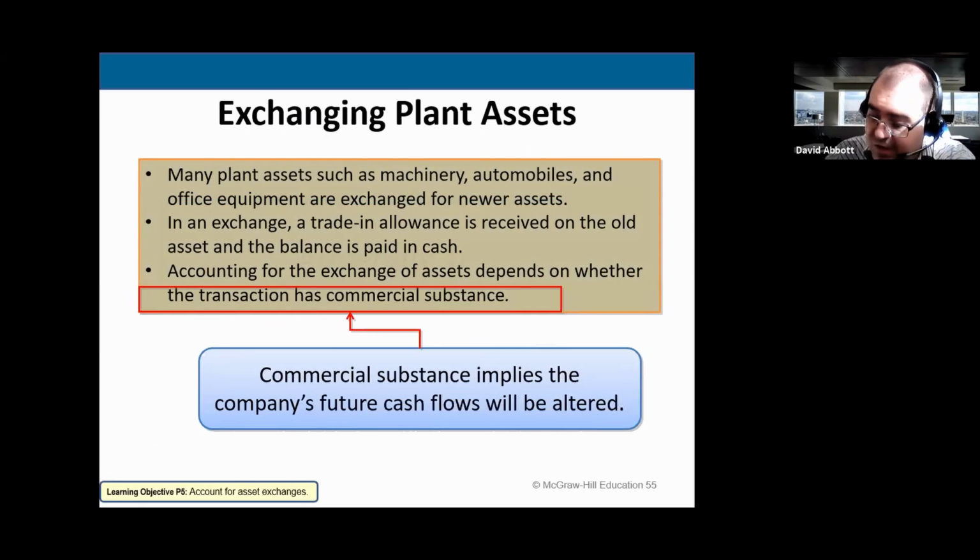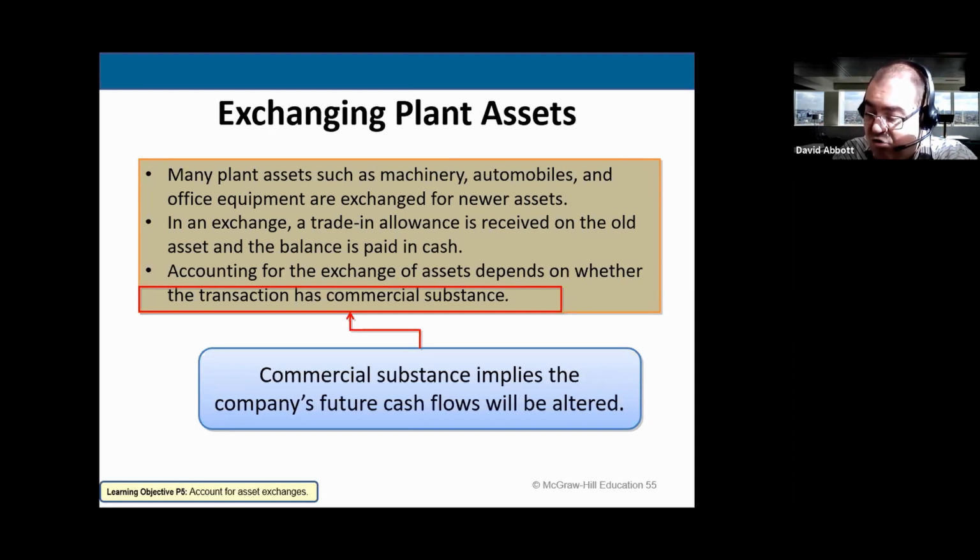Next we account for the exchange of assets. Many plant assets, such as machinery, automobiles, or equipment, are exchanged for newer assets. In a typical exchange of plant assets, a trade-in allowance is received on the old asset and the balance is paid in cash. Accounting for the exchange of assets depends on whether the transaction has commercial substance.